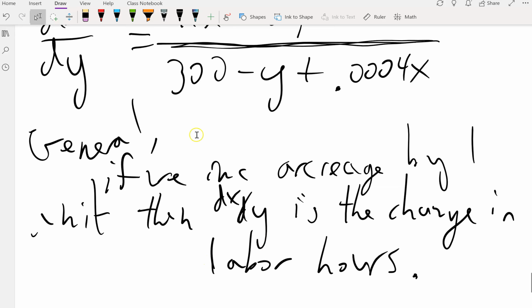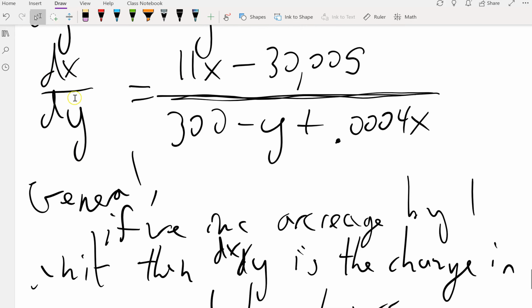In general, that's what this equation tells me: if I increase the acreage, which is the y, by 1 unit, so 1 acre, this equation will tell me what will happen to the change in labor hours. That's really what it'll tell me.